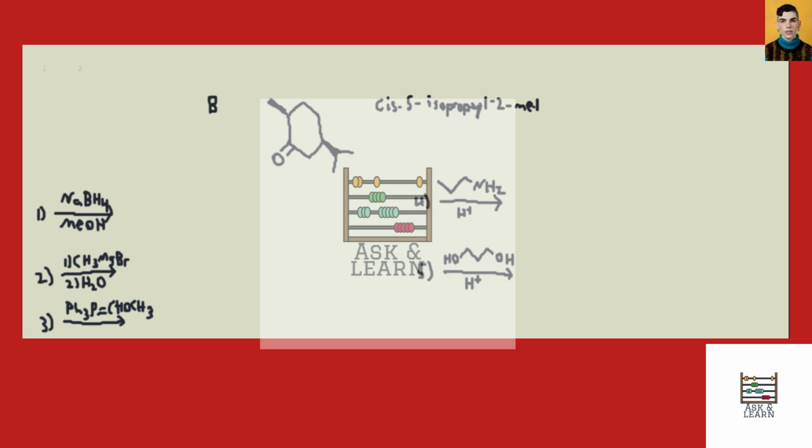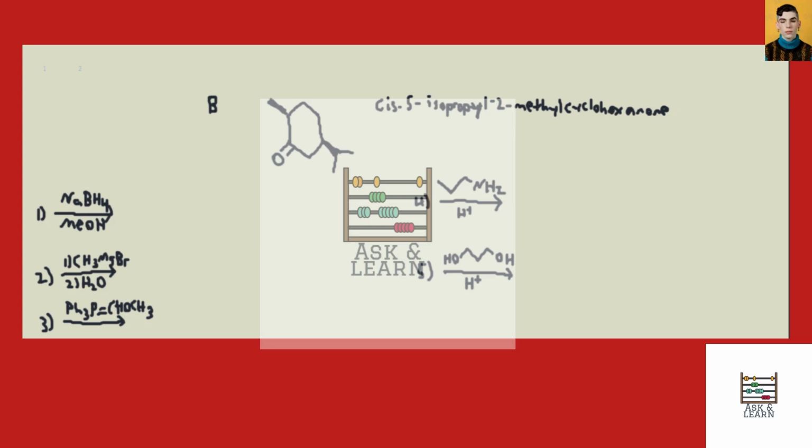And so if we put that all together, we get cis 5 isopropyl 2 methyl cyclohexanone. So cis 5 isopropyl 2 methyl cyclohexanone.